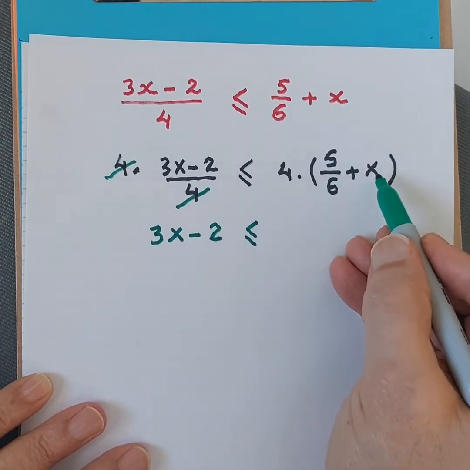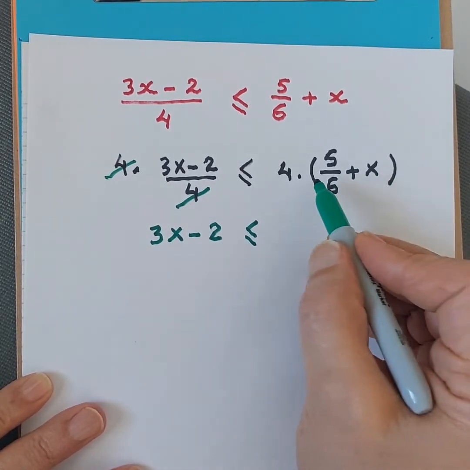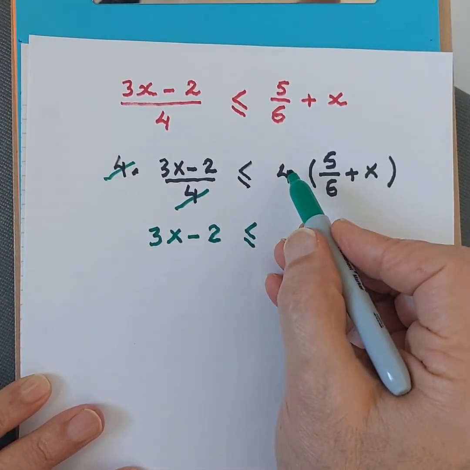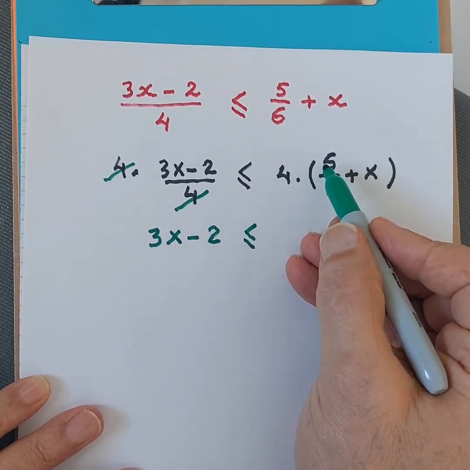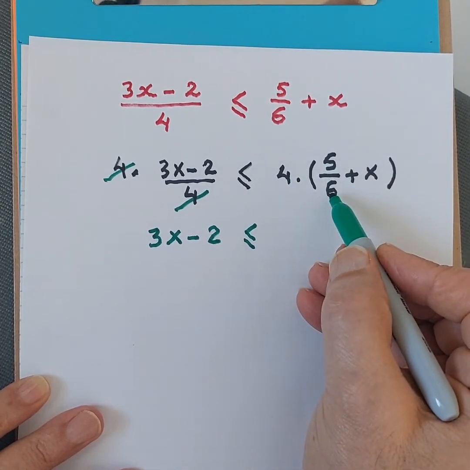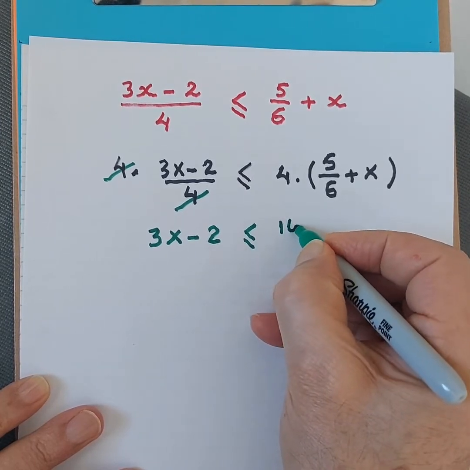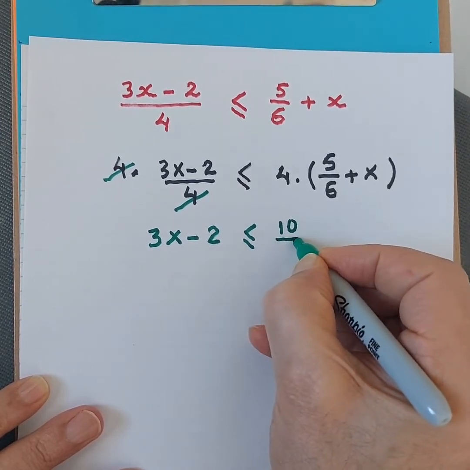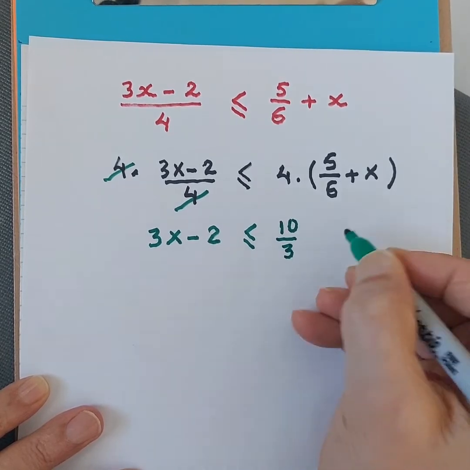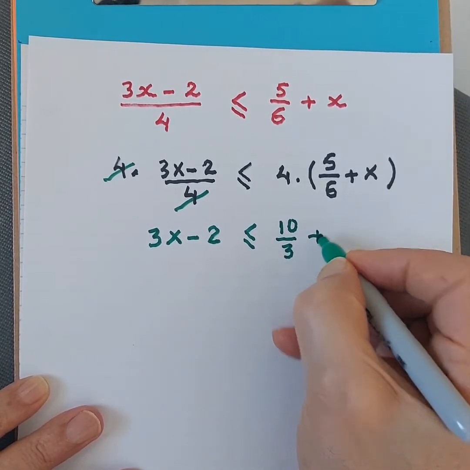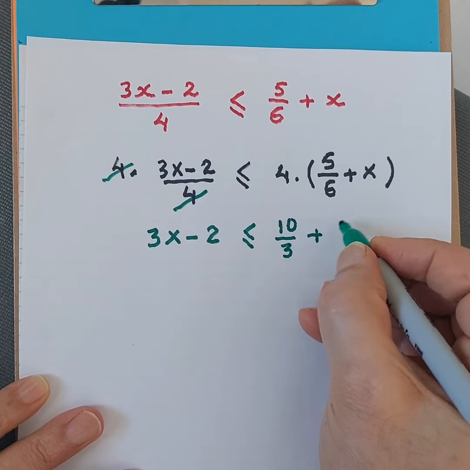Multiply this by the terms inside the brackets and remove the brackets. So you will get 4 times 5, that means 20 over 6, which means 10 over 3, plus 4 times 1x, that means 4x.